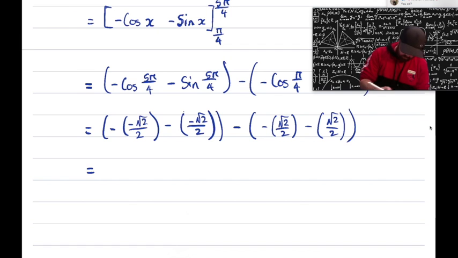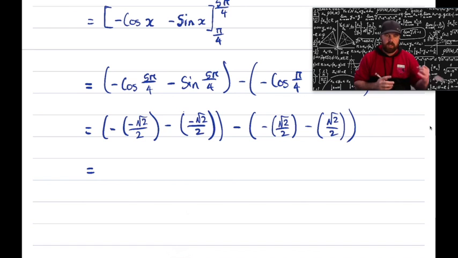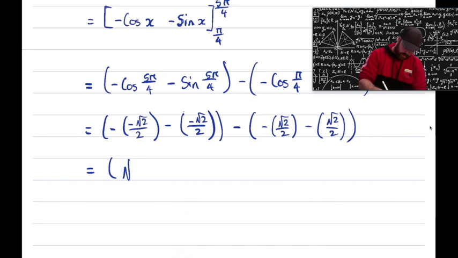So going through here, in the first bracket, these negatives and these negatives are going to make them positives. So root 2 on 2 plus root 2 on 2 becomes 2 root 2 on 2, so it's just going to become root 2.